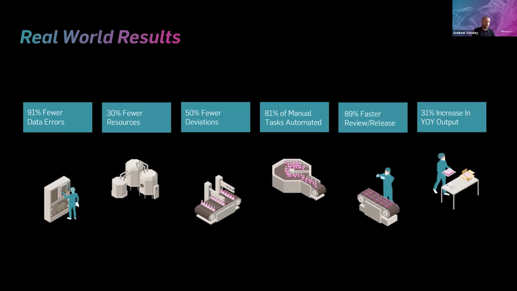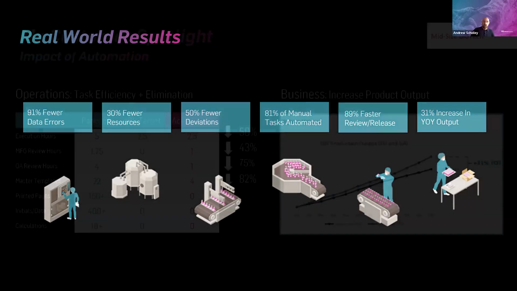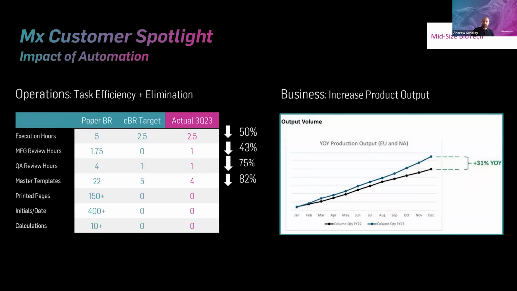One of our other customers, they're a medium-sized business that makes single-use chromatography columns. They've actually seen a 31% increase in their overall output from their manufacturing organization. And they were able to give us some really good data on exactly how that was comprised, or what goes into that 31% year-on-year increase.